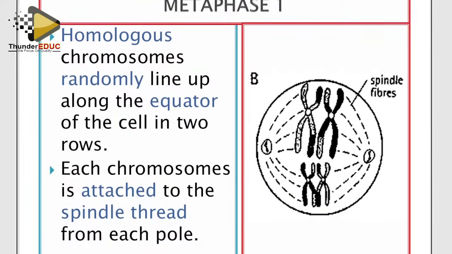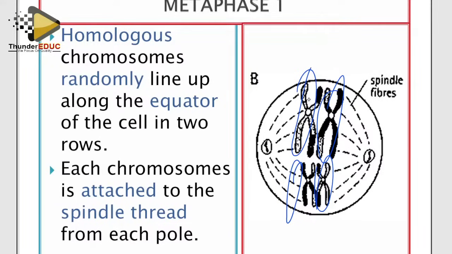Guys, what happens in metaphase 1? In metaphase 1, homologous chromosomes line up at the equator randomly in 2 rows. Randomly. It must be checked.